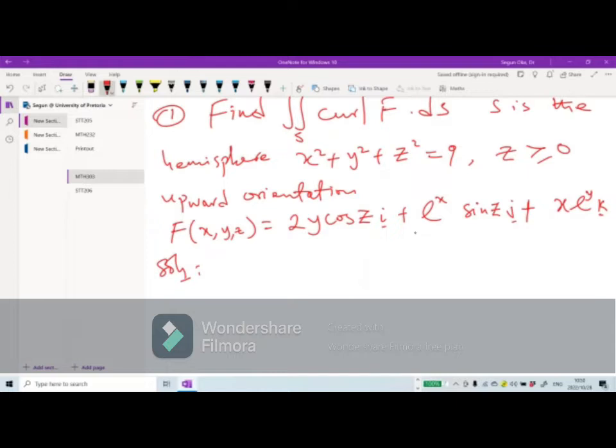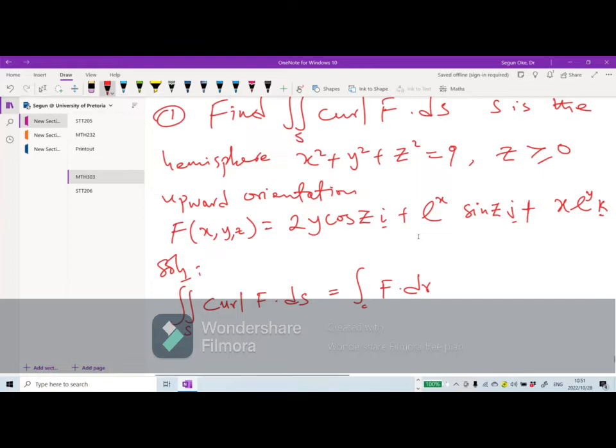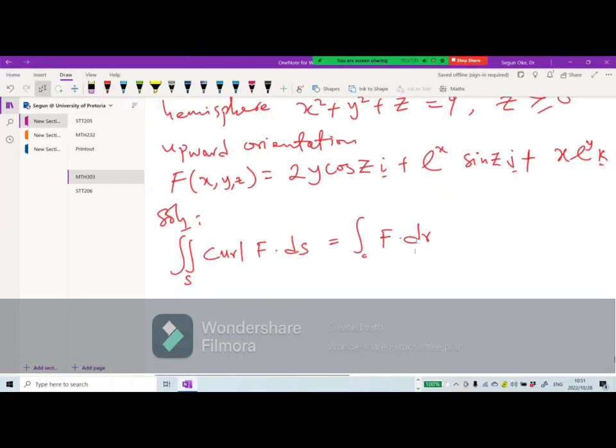Remember your formula that says the integral over S is equal to the integral over C. So our C is, what? x squared plus y squared equals 9 because z equals 0.